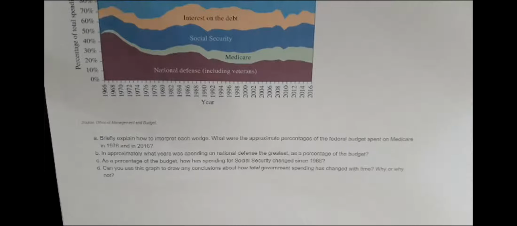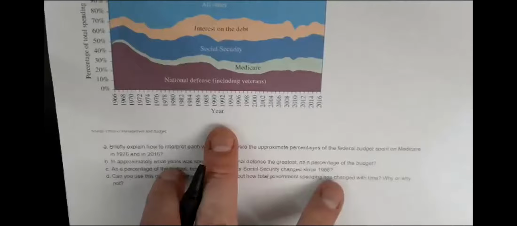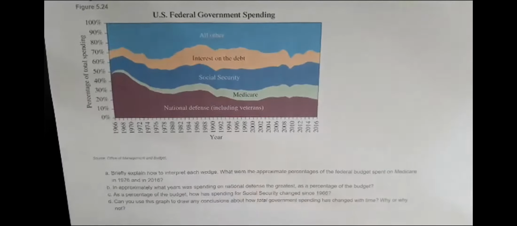So how do you interpret each wedge? What are we looking at here? It's not going to be any different from that previous wedge one. What do we look at to determine the size of this thing, or how much you spent?